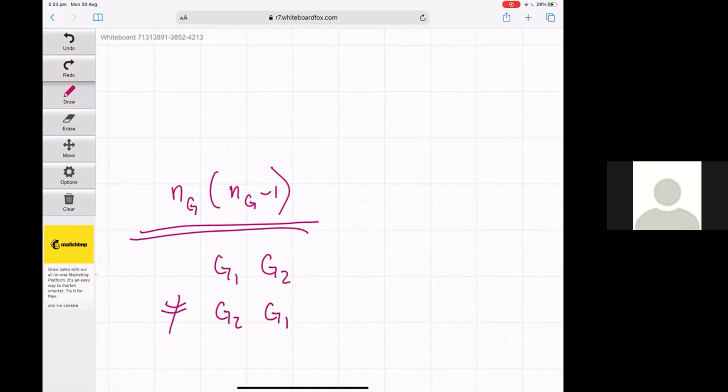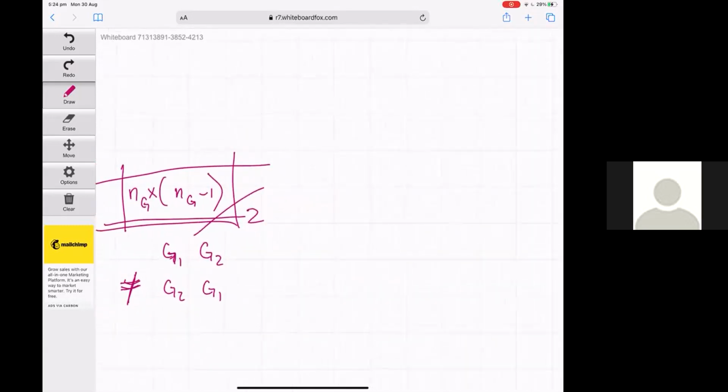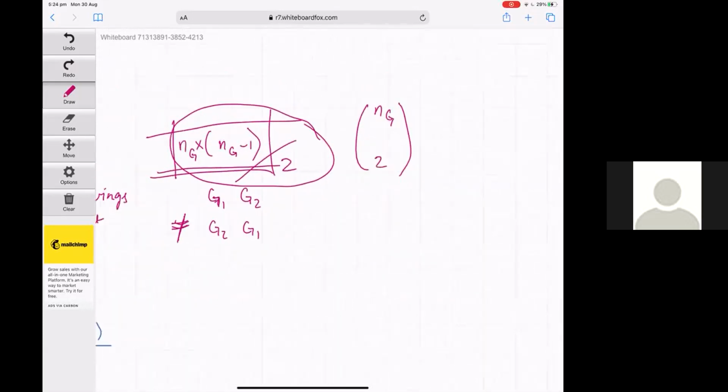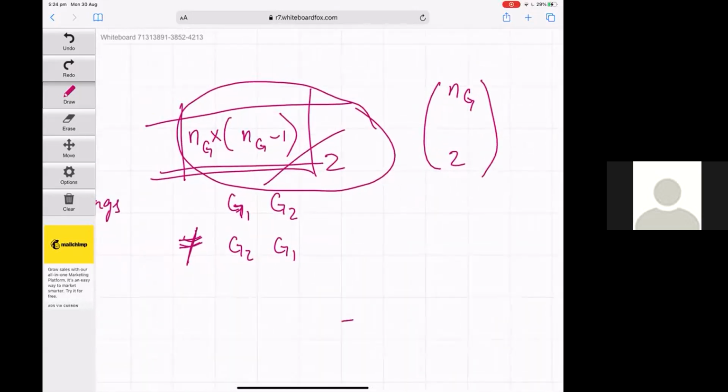But usually when we're choosing marbles, we don't care about the order. So we divide by 2 to account for that overcounting, and then this formula gives us exactly ng choose 2. So that's a general thing, which is true.